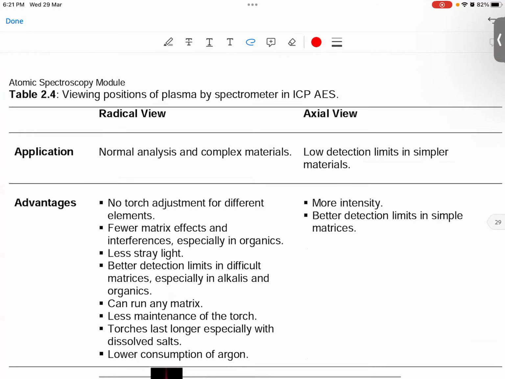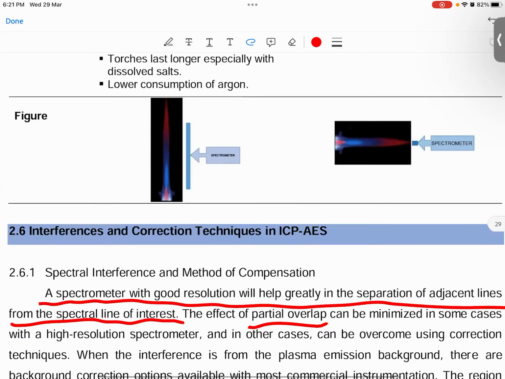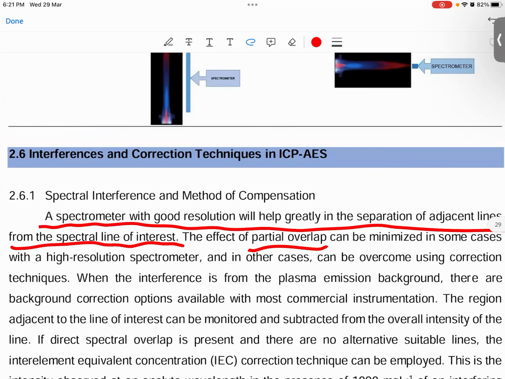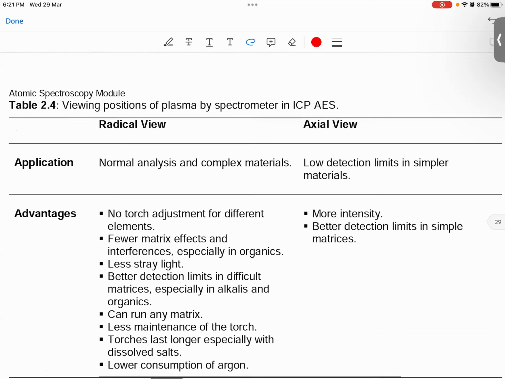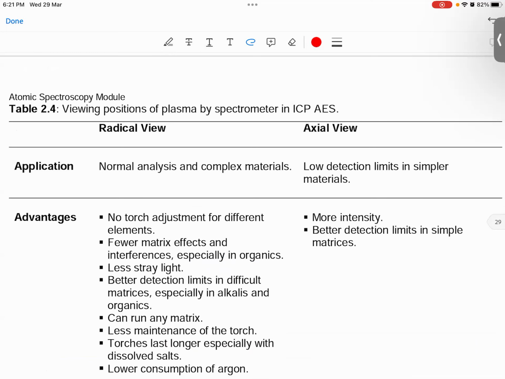If you can do that, it is good, because the machines can at least identify which lines are suitable to be analyzed quantitatively. So that's why they have what we call radial, it's not radical, it's radial view and axial view. It is the way that the machine looks at the emission spectrum.